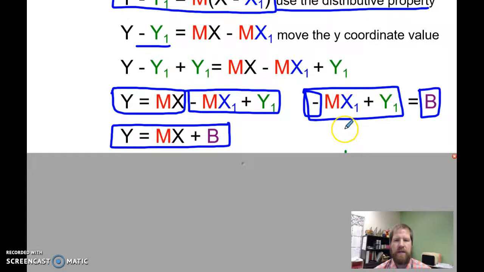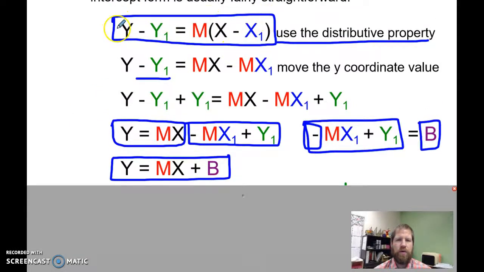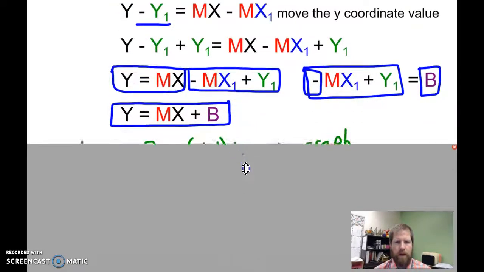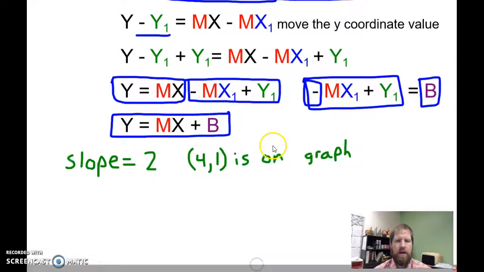So I don't recommend memorizing this formula. I would recommend putting it into point slope form, and then going through the steps to translate it into slope-intercept.